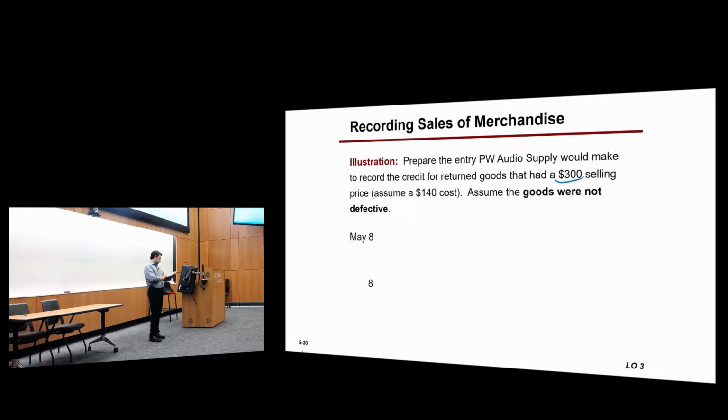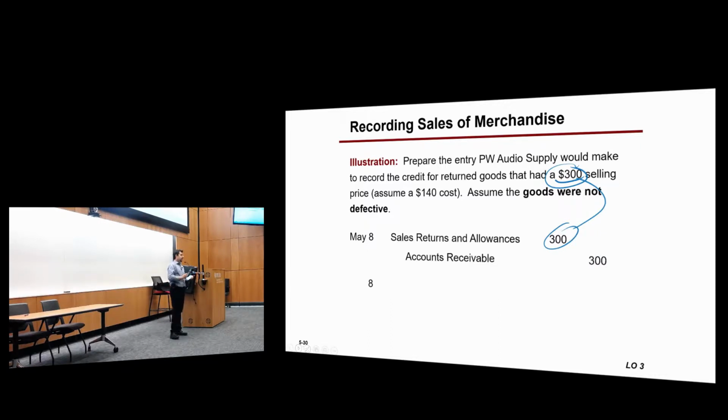So the company would debit sales returns and allowances, the amount from the sales price. And then what will decrease, like we said? Accounts receivable or cash, because now you expect less.